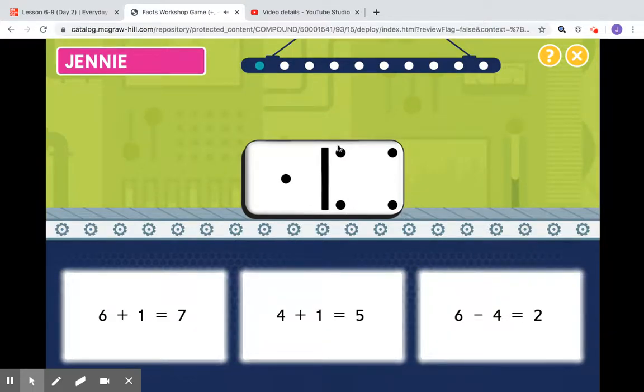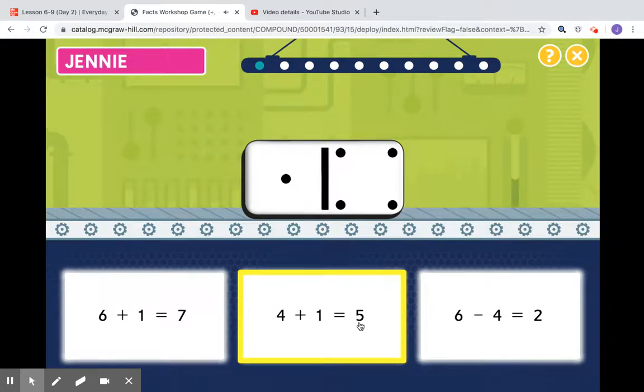Then we're going to do this one. 1 on this side, and then I have 1, 2, 3, 4. I need to find the box that has the correct showing of what is on my domino. 6 plus 1 equals 7. That's not right, boys and girls. I don't have 6 dots here. 4 plus 1 equals 5.